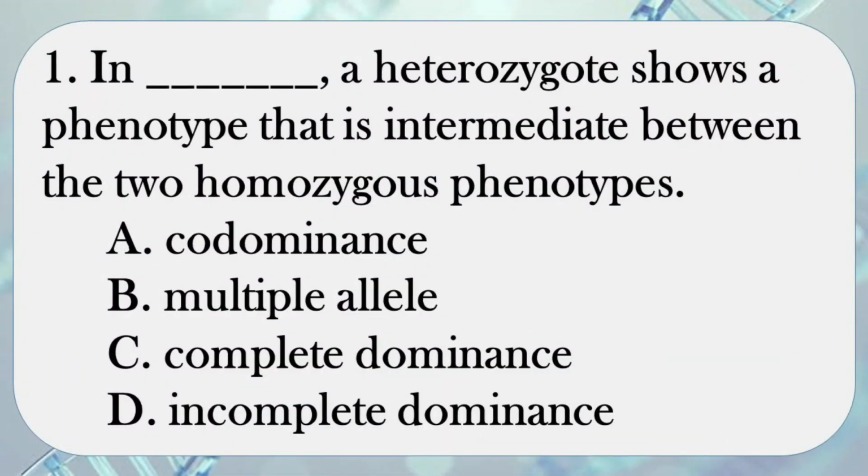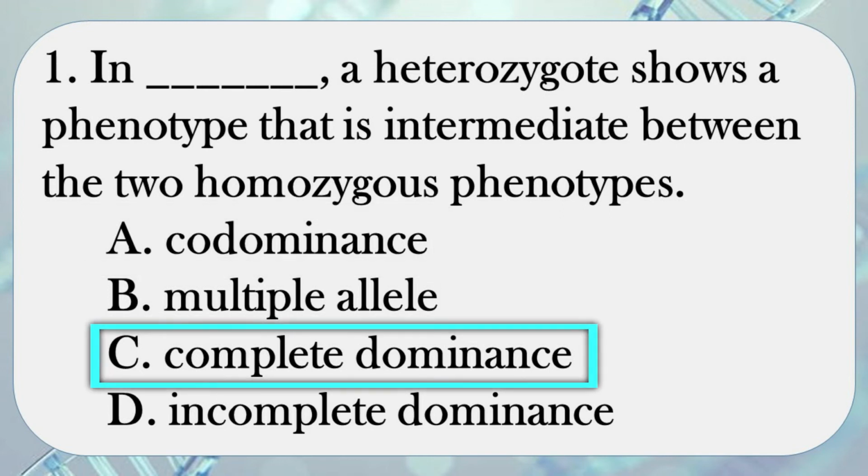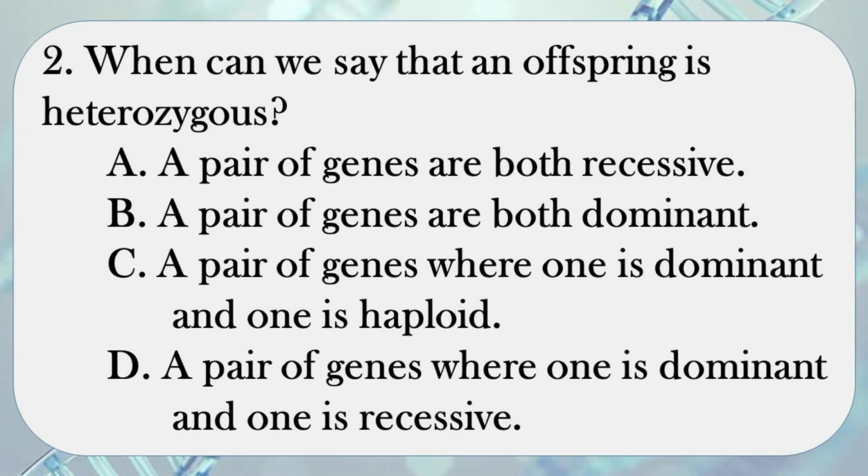Blank, a heterozygote shows a phenotype that is intermediate between the two homozygous phenotypes. A. Codominance. B. Multiple allele. C. Complete dominance. And D. Incomplete dominance.